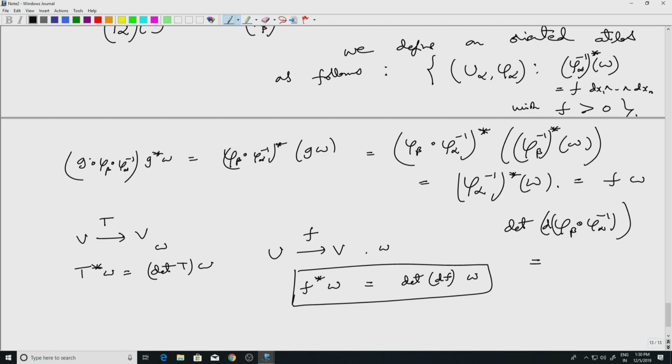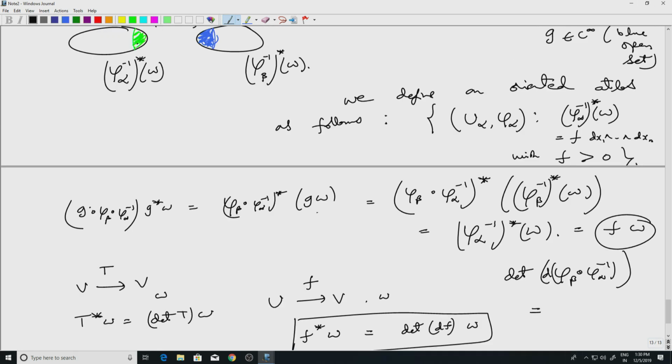And the right hand side is, no, sorry, not that. It's not omega here, it is the standard form. Let me give it a name instead of writing it every time. So here omega naught is dx1 ... dxn. So I've just written this in terms of G omega naught.